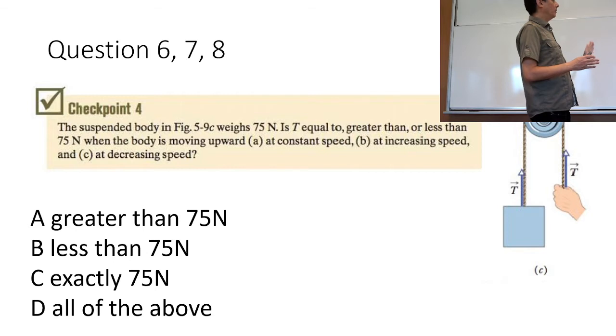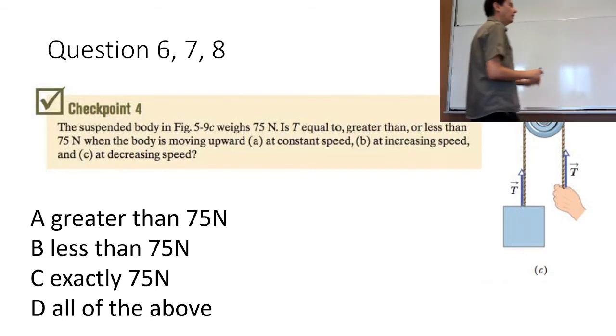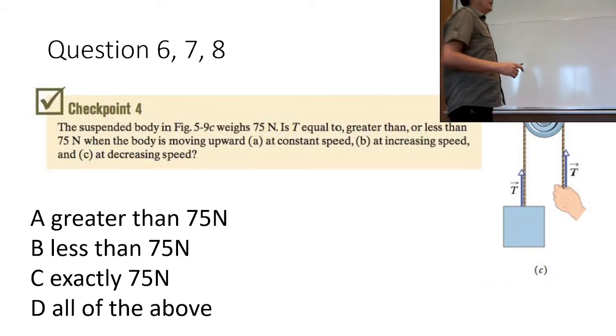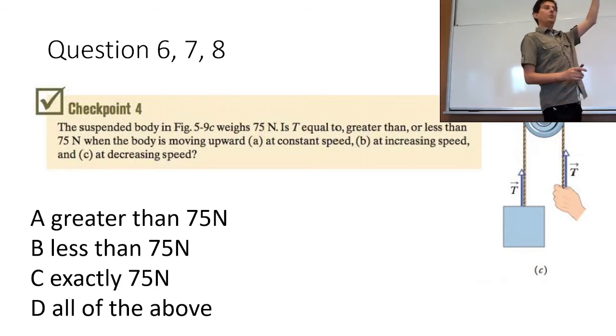So it's moving upward, but it's increasing in speed upwards, so the acceleration is actually in the upward direction. And if the acceleration is in the upward direction, the force must also be in the upward direction.